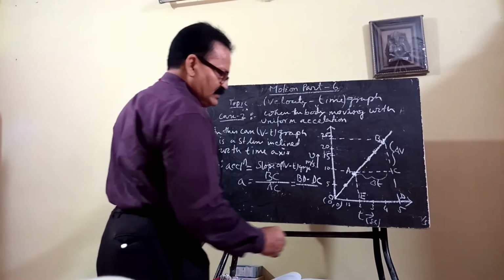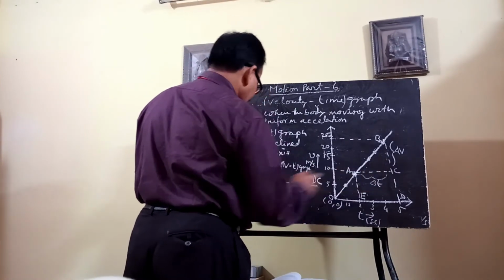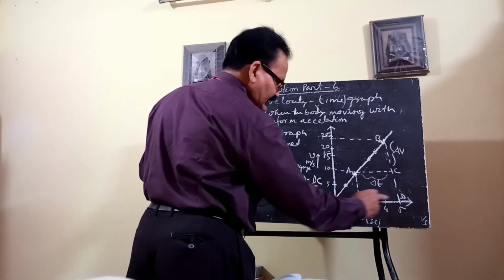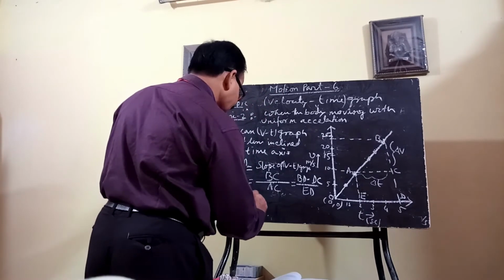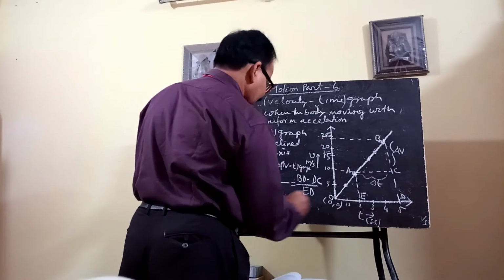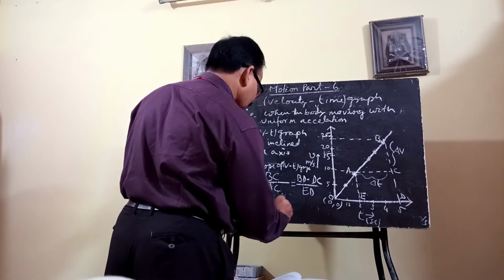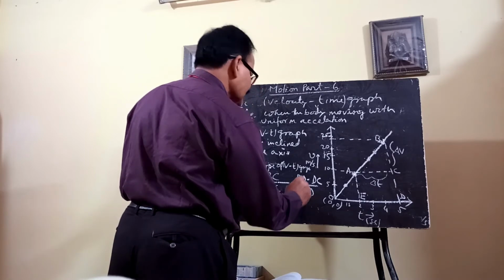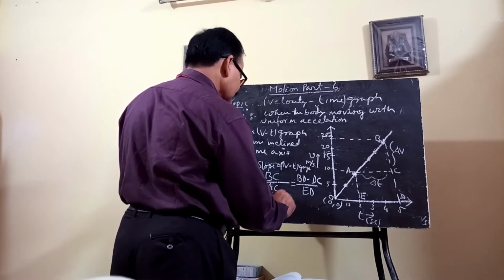And AC can be rewritten as ED. Further, ED can be written as OD minus OE, and BD minus DC.